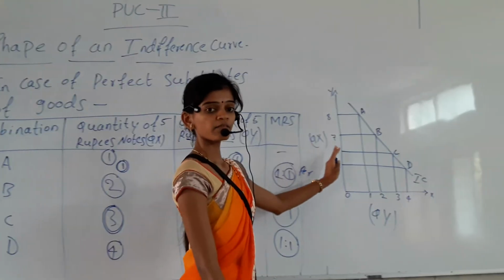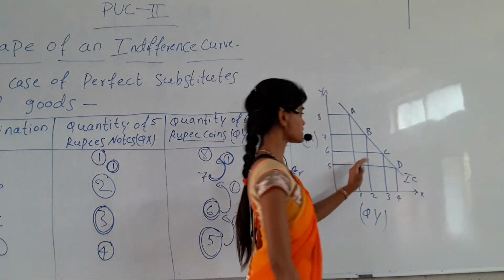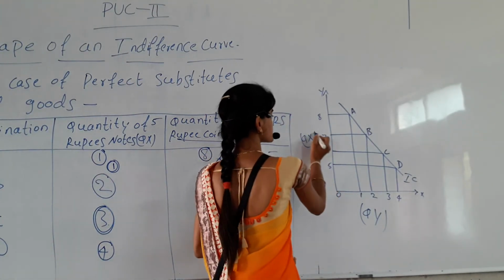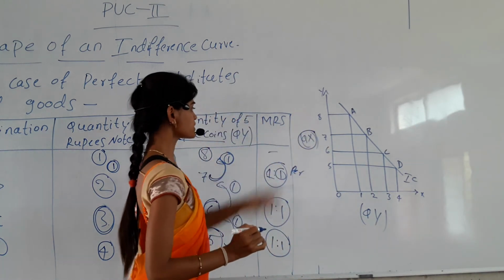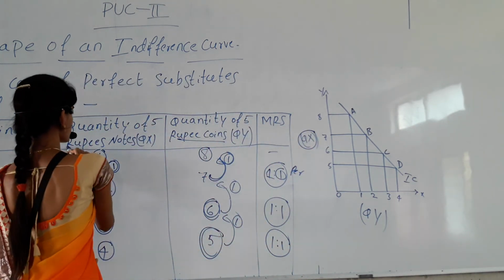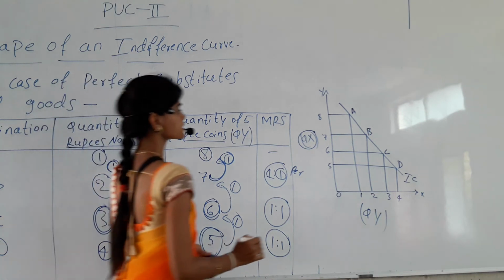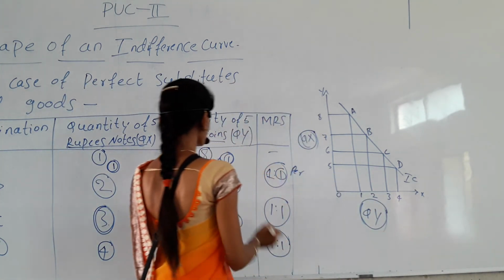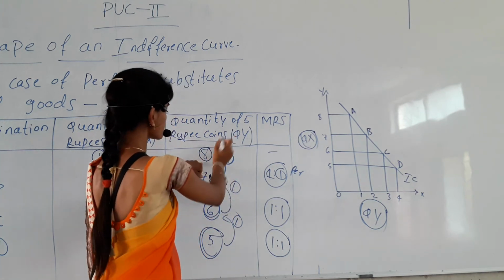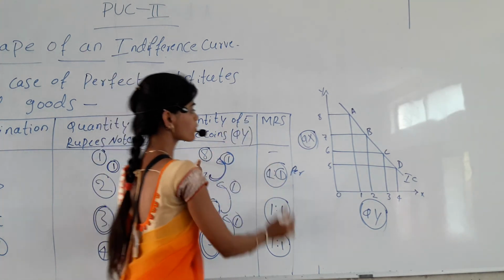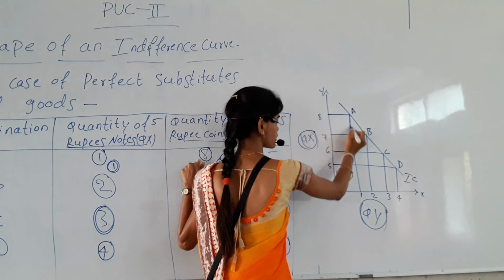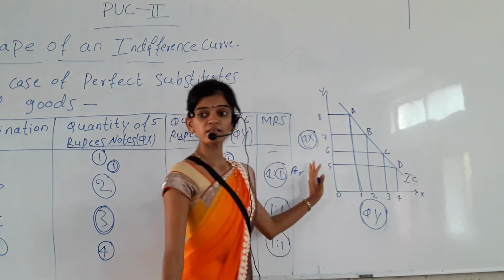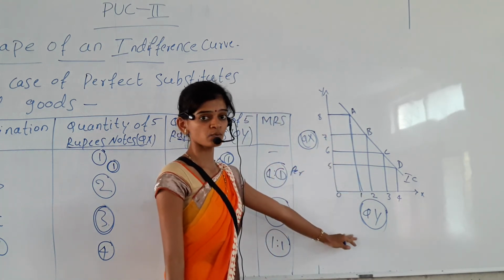See the graphical representation of the indifference curve. Here QX is on the y-axis, where QX means 5 rupee notes. Next, QY is the 5 rupee coin. See here, when there are 8 5 rupee coins, the 5 rupee note is 1, so he has to consume 1 5 rupee note.